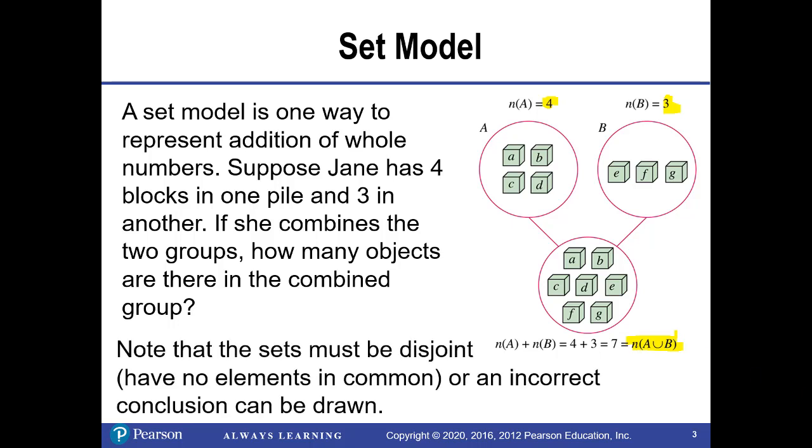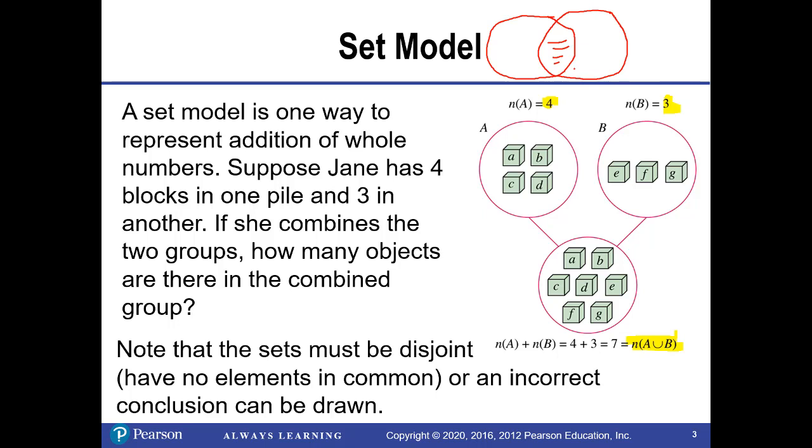Now note here the sets have to be disjoint. They can't have elements in common, or we would get an incorrect conclusion. This is one of the problems that people struggle with on the homework, and they struggle with in the set theory chapter in Math for Liberal Arts too. It's a problem like, this is the number of people who like chocolate ice cream, this is the people who like vanilla ice cream, and these are the people who like both chocolate and vanilla.